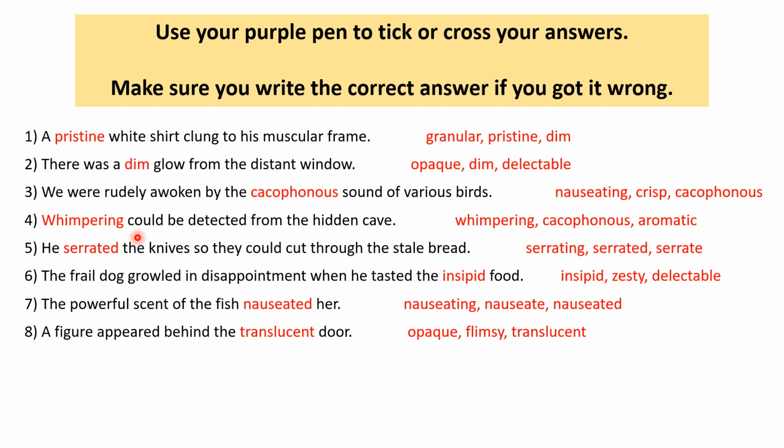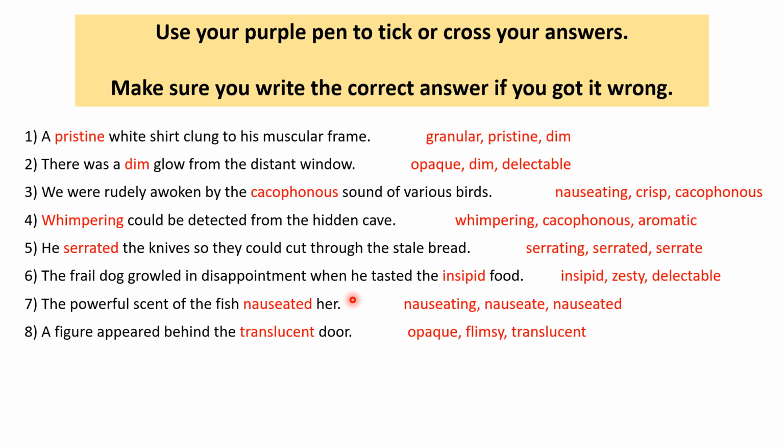He serrated the knives. This is just testing your ability to use different verb forms. These are all verbs, but the difference in them will change the meaning of a sentence. The frail dog growled in disappointment when he tasted the insipid food. Again, zesty and delectable can be used to describe a food, but if he's growling in disappointment, the food isn't going to be zesty and it's not going to be delectable, so the answer is insipid.